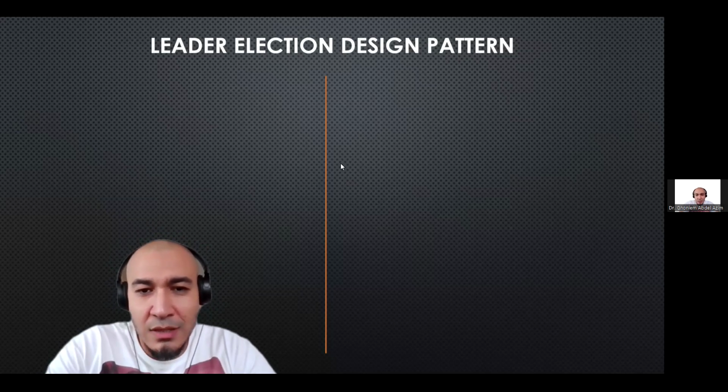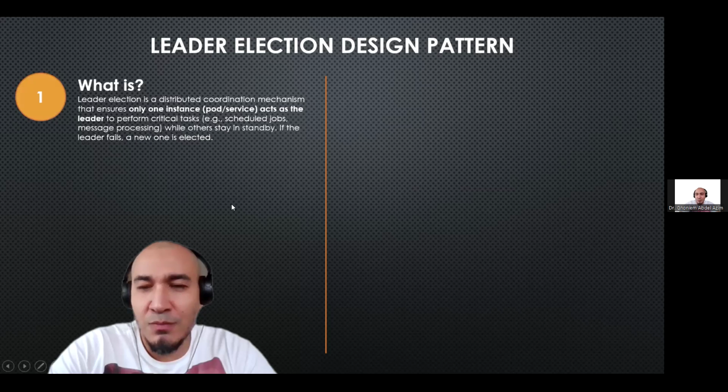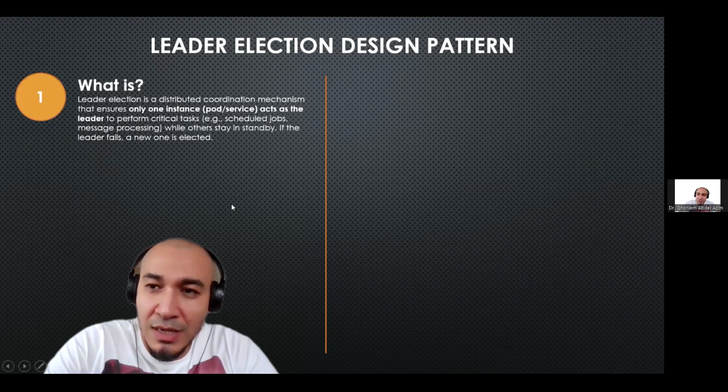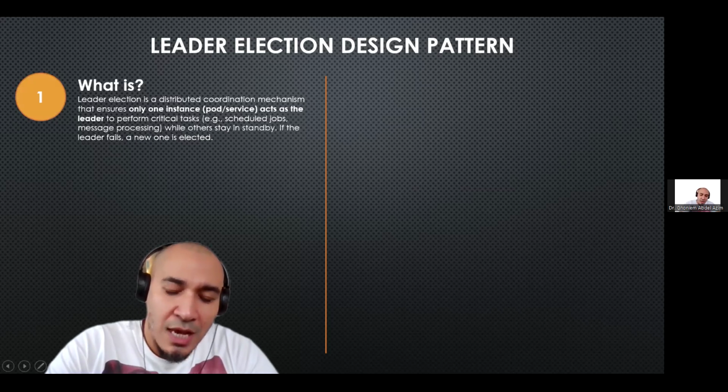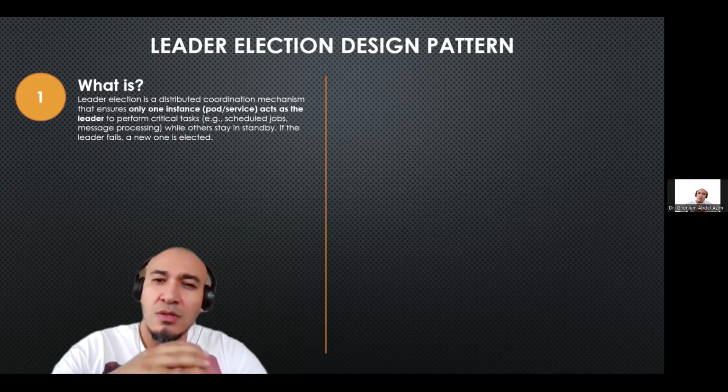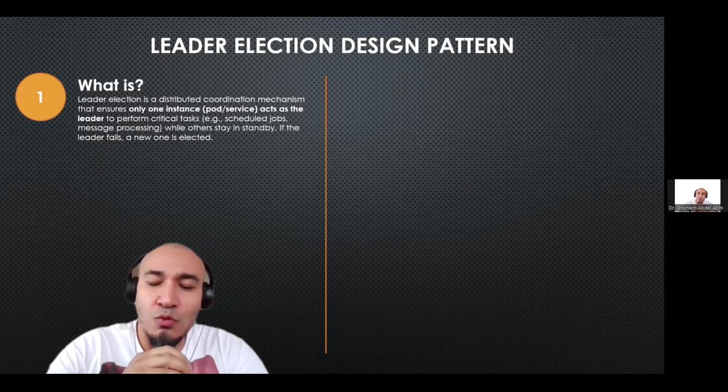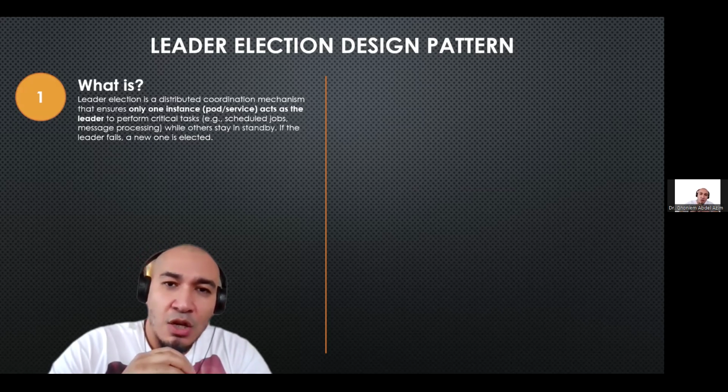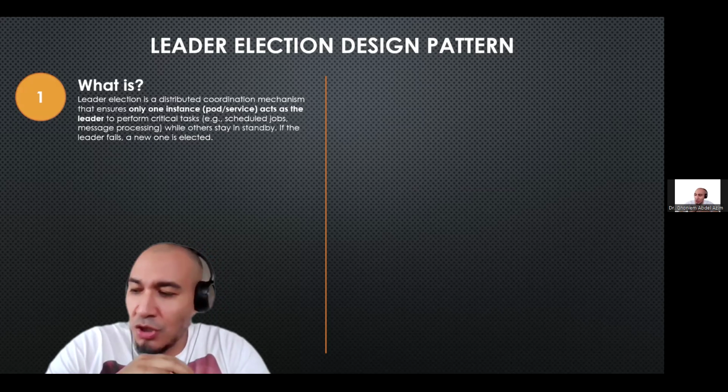So let's move forward. Number one, we will start by the meaning of leader election. In distributed solutions, sometimes you need to have only one instance that is running and acts as a leader to perform specific tasks. Why do we need such an approach?